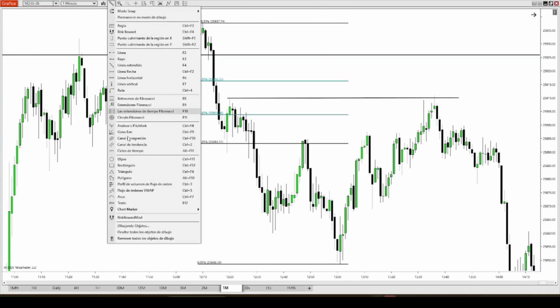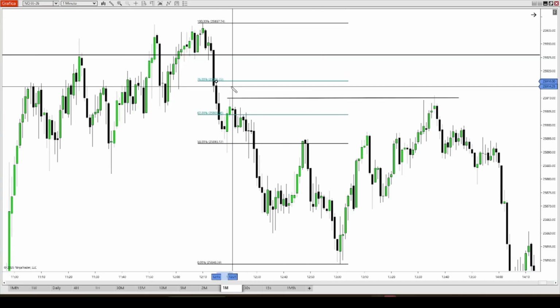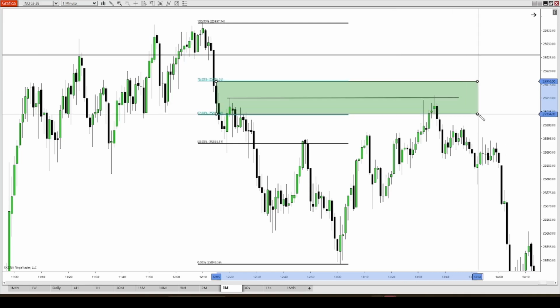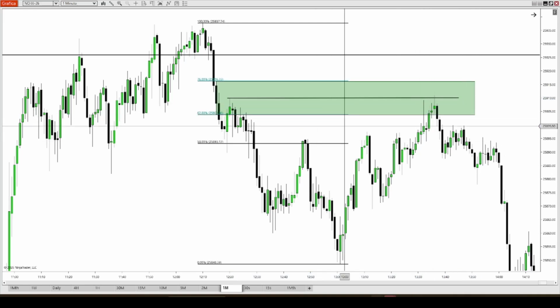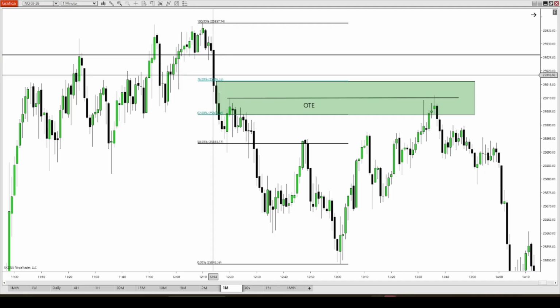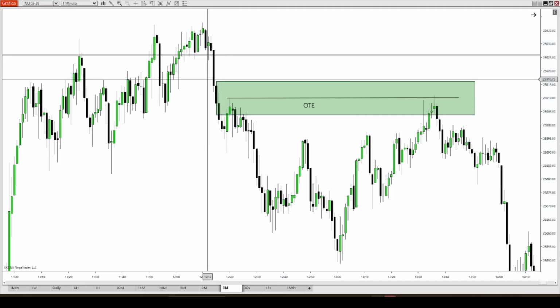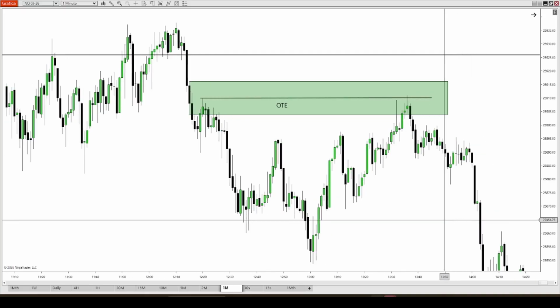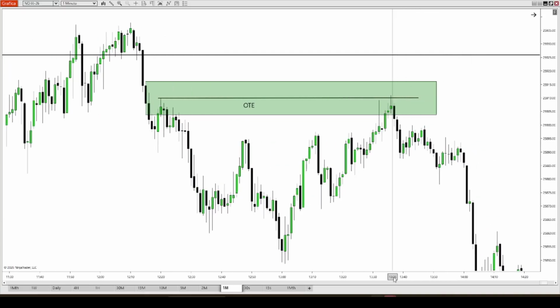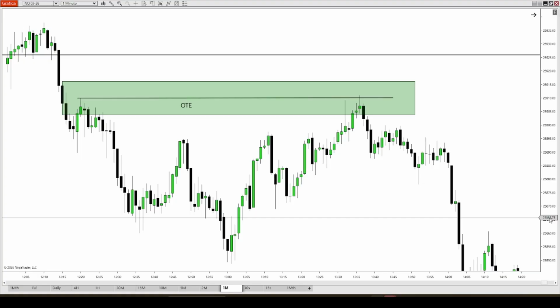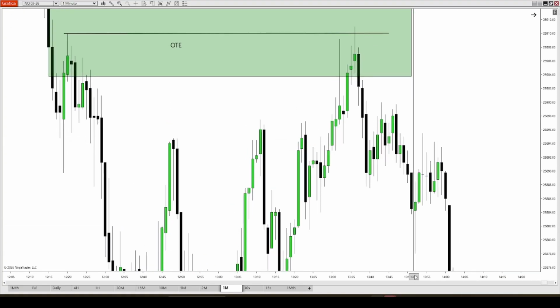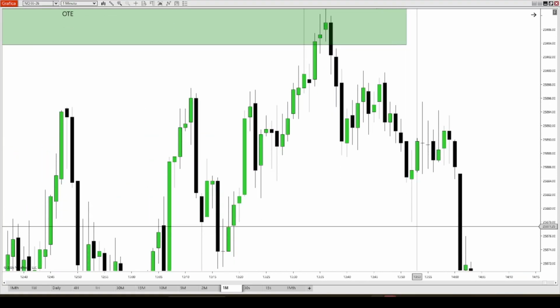And what do we see here? We have an optimal trade entry. So price reached the OTE and took previous highs. That's why it left this CB open and just started to go down. So these are signs telling us that price is willing to deliver lower prices.